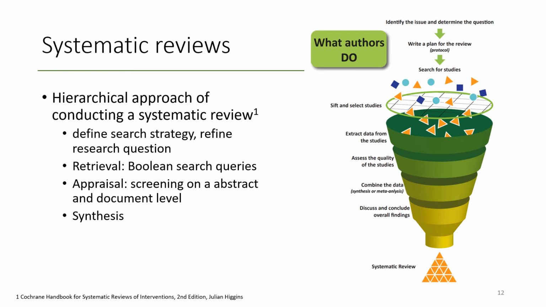And then afterwards, they do a more refined screening on the whole document level, where they read the whole clinical trial and find out if it's relevant to the specific research question of the systematic review. And only after those steps, there's the synthesis of the results, where they synthesize all the studies they found which are relevant to the research question and answer the research question.